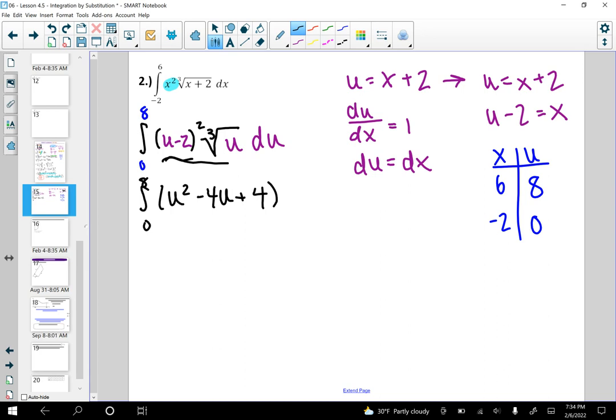And then the cube root of u, I'm going to write as u to the 1/3 power, like we normally do with derivatives and antiderivatives, because then we can use power rule. Now I'm going to distribute this u to the 1/3 through to everything. So I get u, and then we add the power, so 2 plus 1/3, 2 and 1/3 would be 7/3.